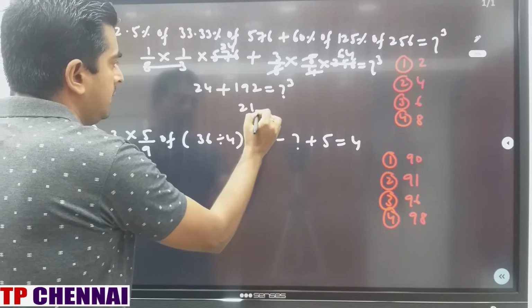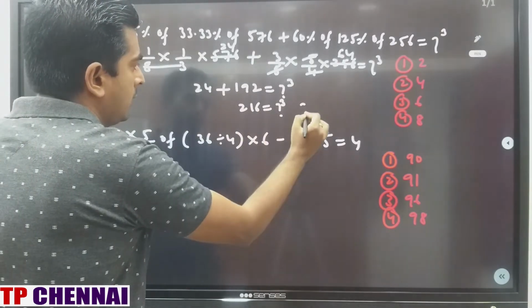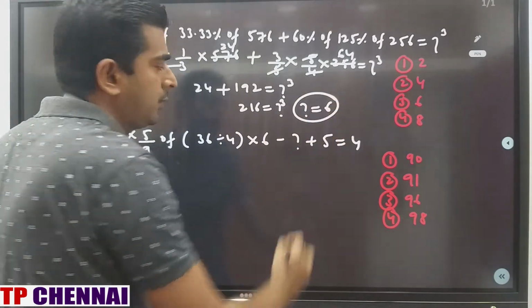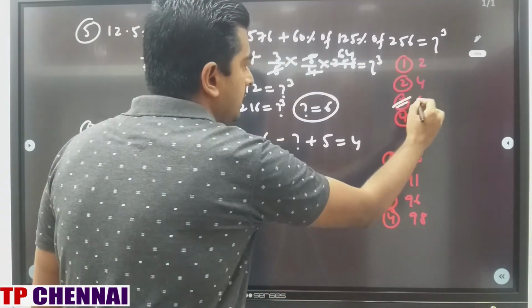This is 216 is equal to question mark cube. What is the value of question mark? 6. Cube root of 216 is 6. My answer is third option.